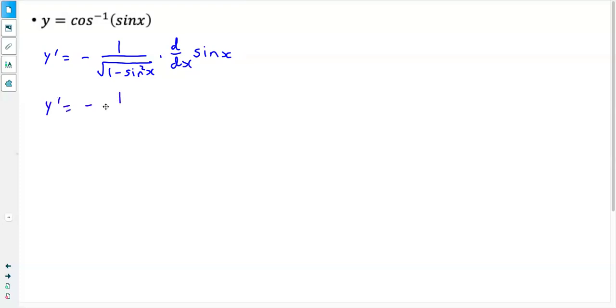So that's negative 1 over the square root of 1 minus sine squared x times our derivative of sine x, which is cos x.